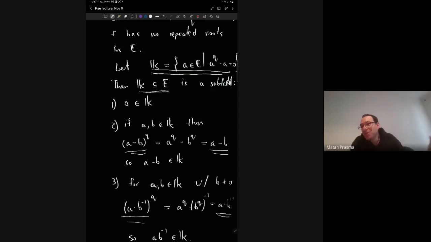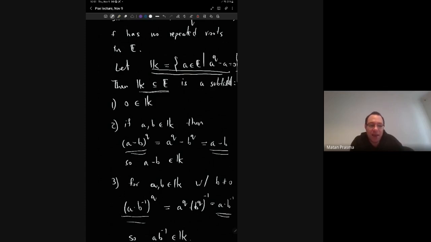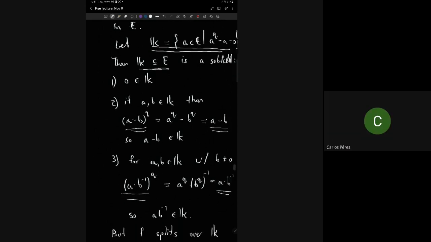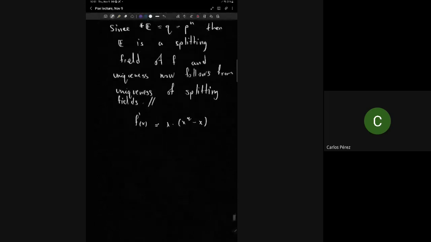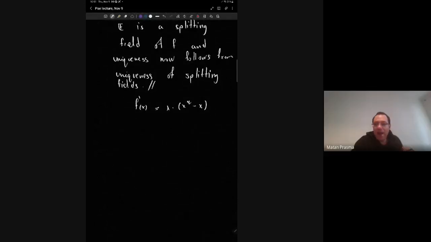So the polynomial splits completely. So it's a splitting field, and hence, up to isomorphism, I have no choice. Sure. Thank you. Okay.